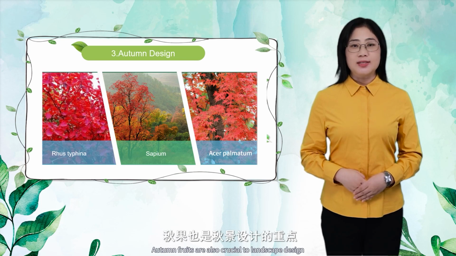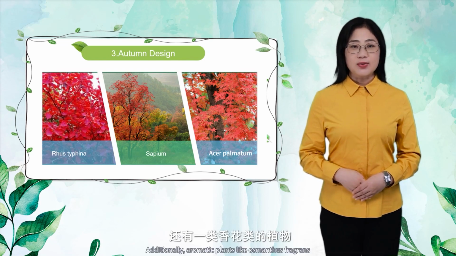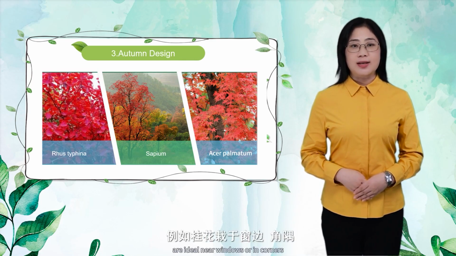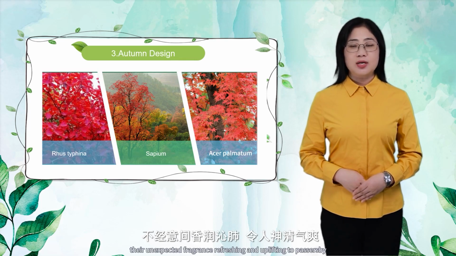Autumn fruits are also crucial to landscape design, with fruit-laden trees like persimmon, crabapple, sorbus, and pomegranate being popular choices. Additionally, aromatic plants like osmanthus fragrans are ideal near windows or in corners, their unexpected fragrance refreshing and uplifting to passers-by.